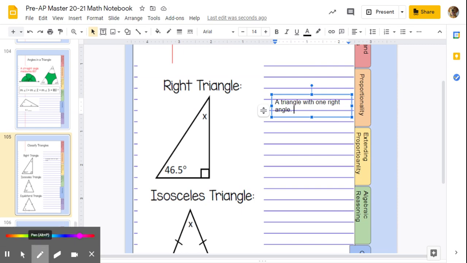And the way that we know that this one has a right angle is this box in the corner. That box in the corner means that it is a right angle. That's the symbol for a right angle. And a right angle is always 90 degrees.